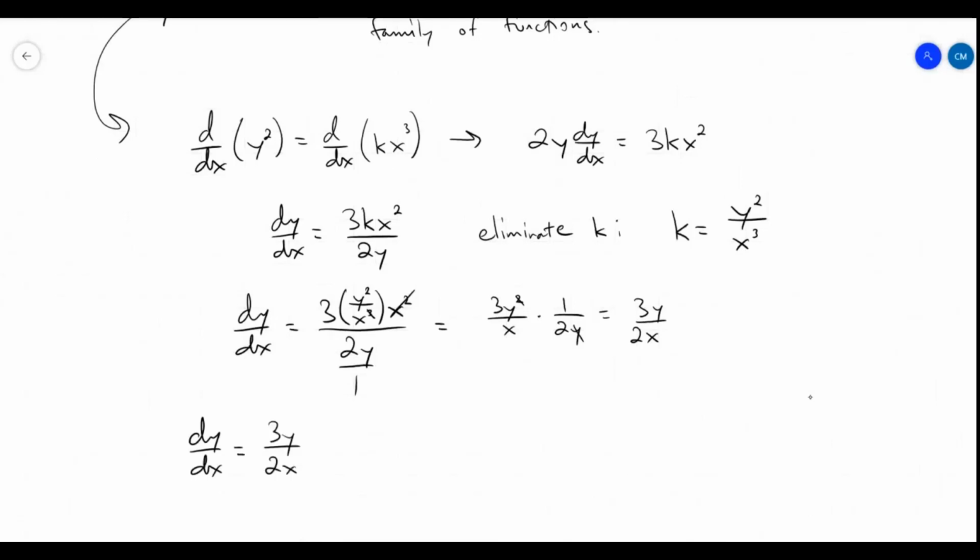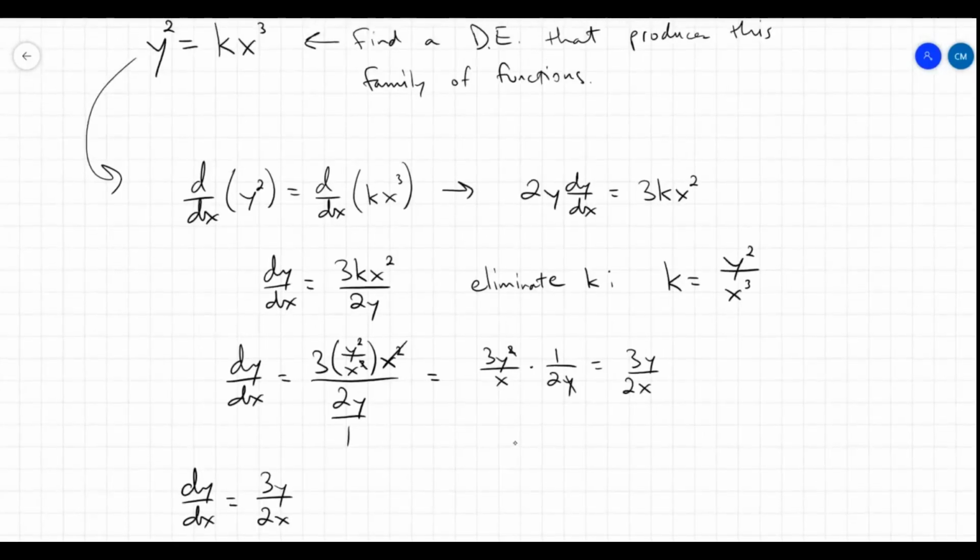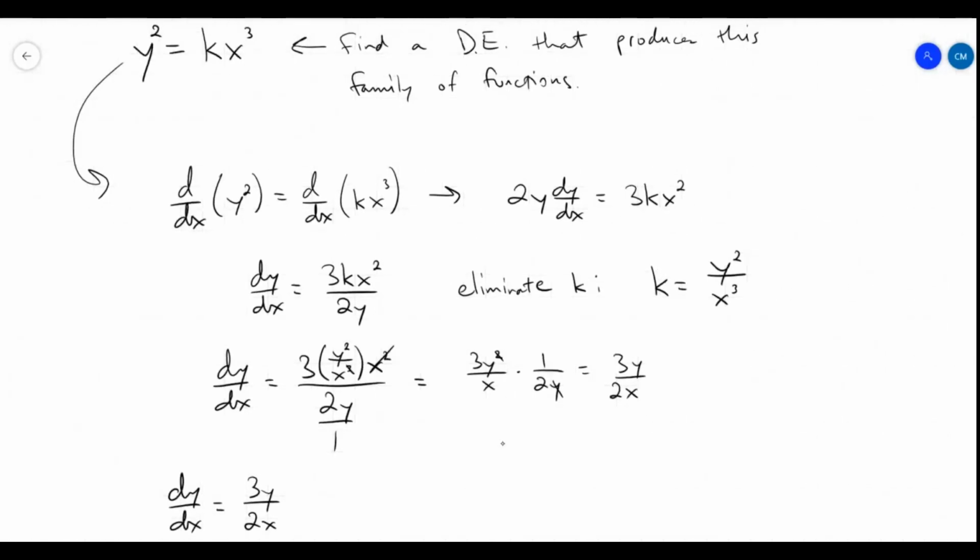This is a differential equation, right? It has a slope field. In fact, if we were to go back to that Desmos slope field grapher, what we would find if I were to plot the slope field for this differential equation, and then I were to plot a few members of this family of functions here, what do you think I'd find?